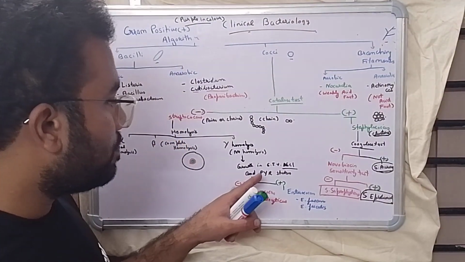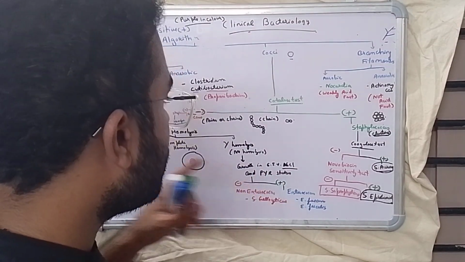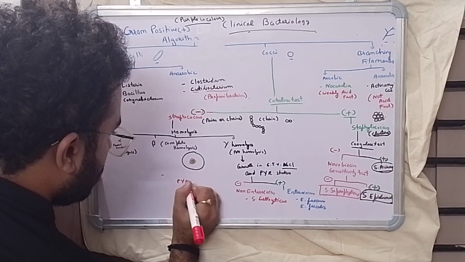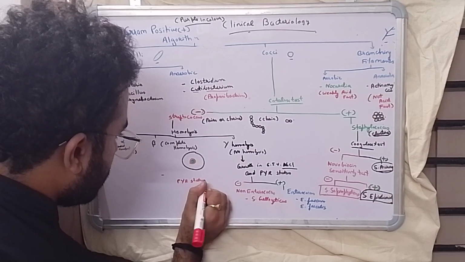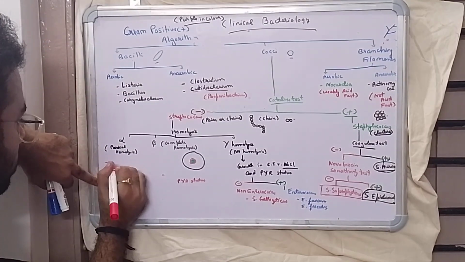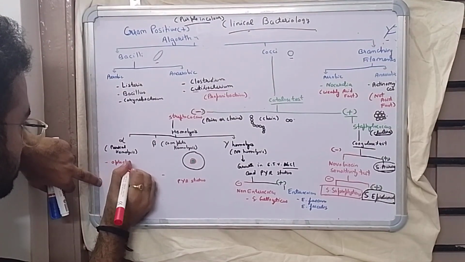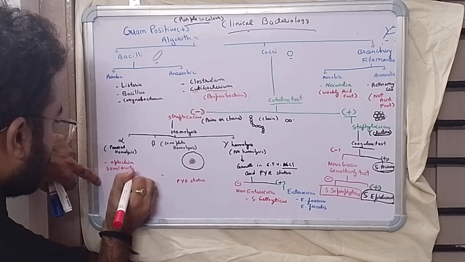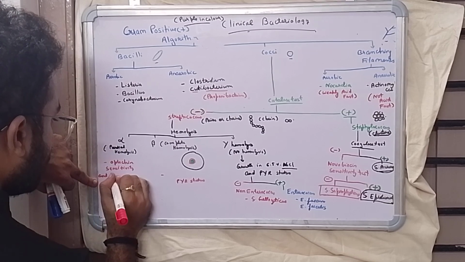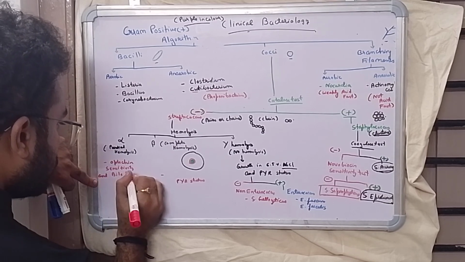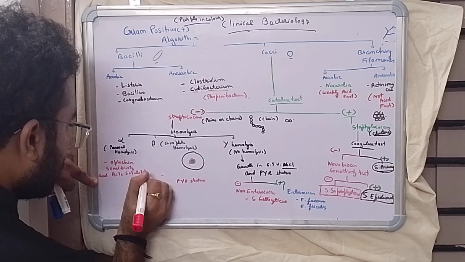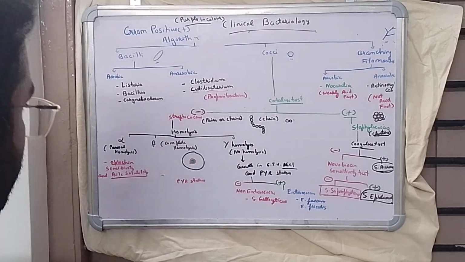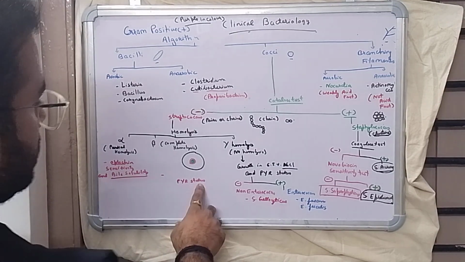For beta hemolysis, PYR status, while for alpha, optochin sensitivity and bile solubility.